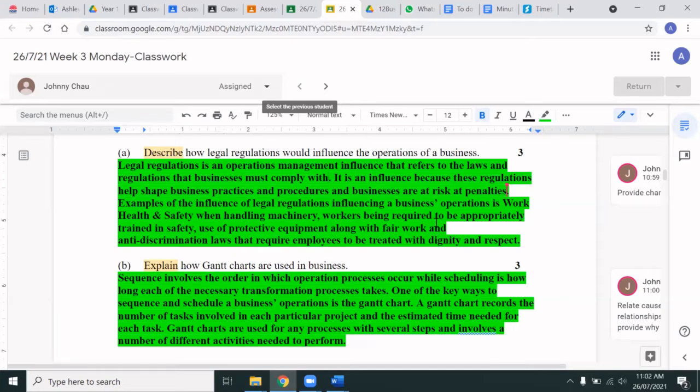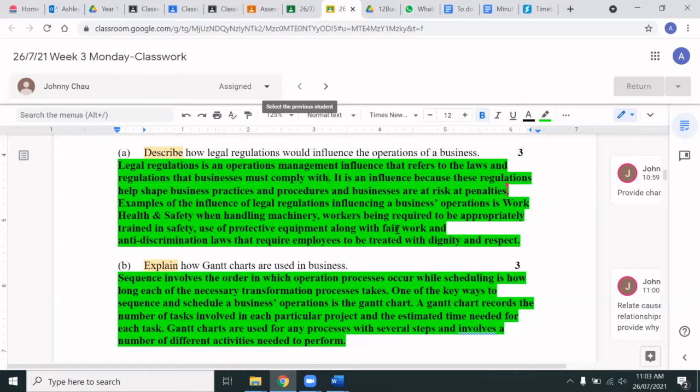So it's fine to say this because we're talking here about using protective equipment. We're talking about the HR, I guess, part of operations, the workers being there to make the product. The other thing that I might have said is that businesses need to comply with the Clean Air Act. That's another piece of legislation.